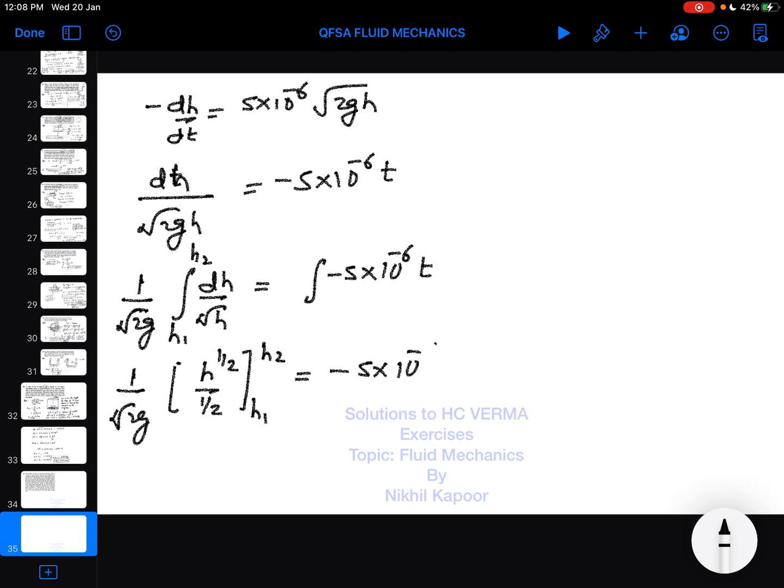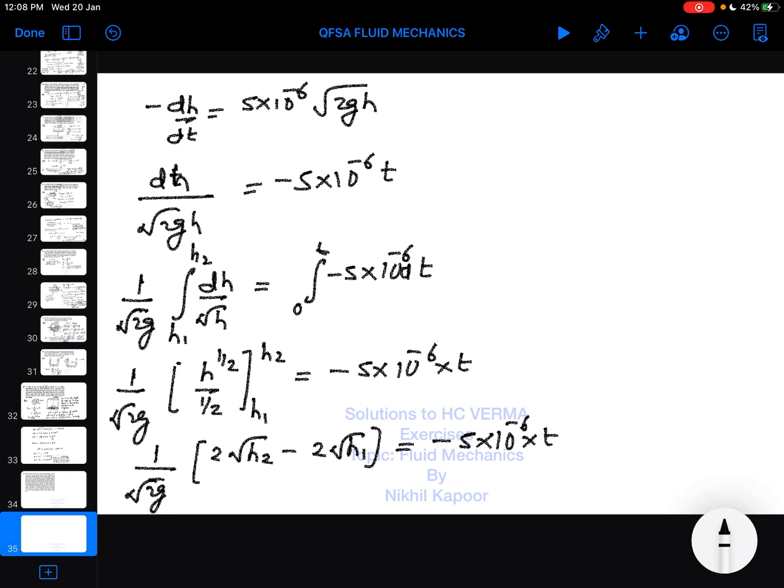5 into 10 to the power minus 6 into integration of dt would be t, and limit is from 0 to t, so that will remain t only. 1 upon under root g would be 2 times upper limit root h2 minus lower limit root h1, and this will be minus 5 into 10 to the power minus 6 into t, as h1 is more than h2.